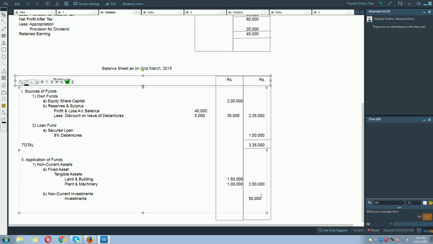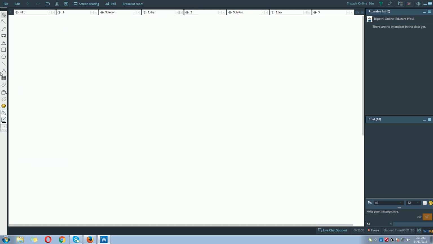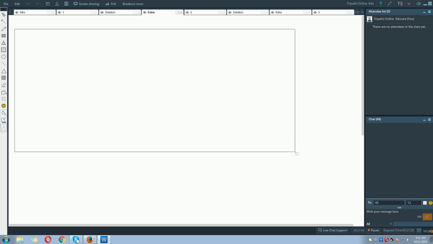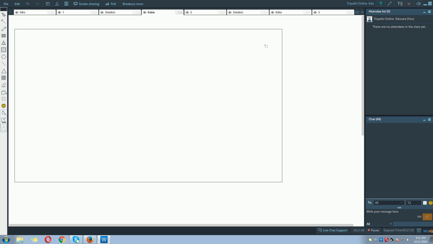Before that, let me increase the height of the column. Now we can go for the second item, working capital. So let me start the working capital on a fresh page.